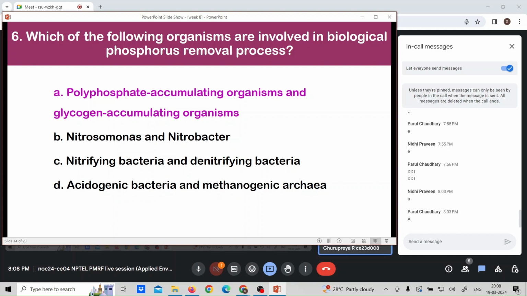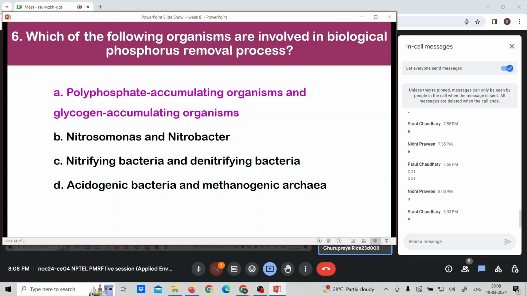Okay. See, your nitrification has two steps. Basically, NH4 plus to nitrite, that is NO2 minus. That step is aided by nitrosomonas. And the next step: this nitrite is very short lived.